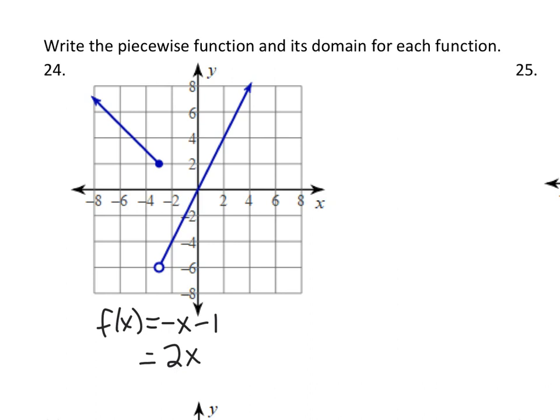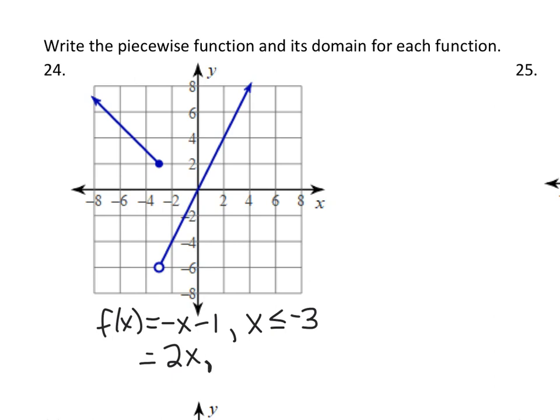Now I need to identify the domains for each one. This one's domain begins and includes negative 3. So I'm going to write that this line exists everywhere where x is -3 or less than -3. So I would write where x is less than or equal to -3.